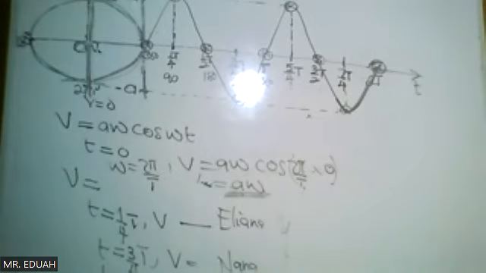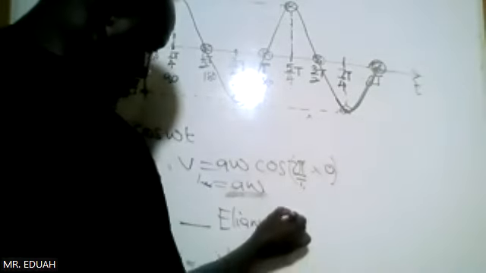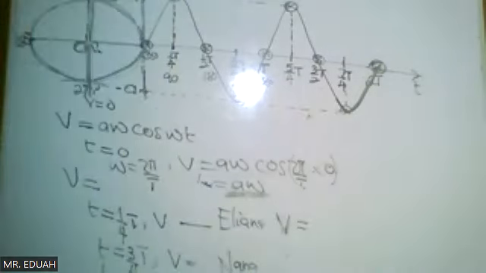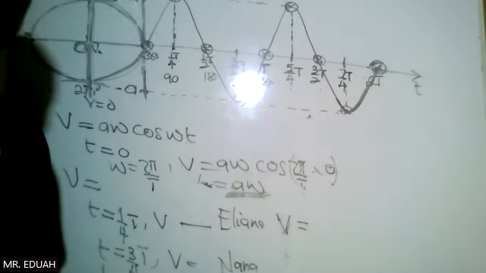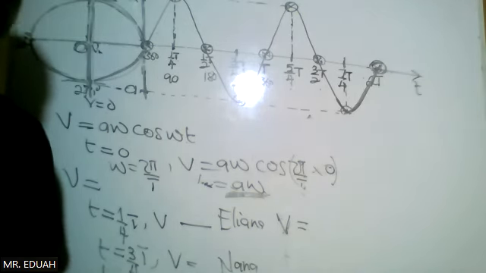Now, at t is equal to a quarter of the period, the body has moved from here and it's here. Eliana, what did you get for V when t is a quarter of the period? Yes, I got V is equal to A omega cos 90, and cos 90 is 0.